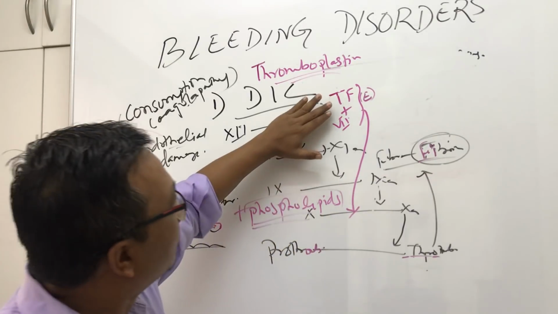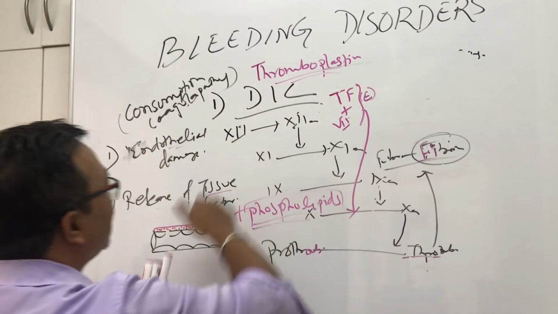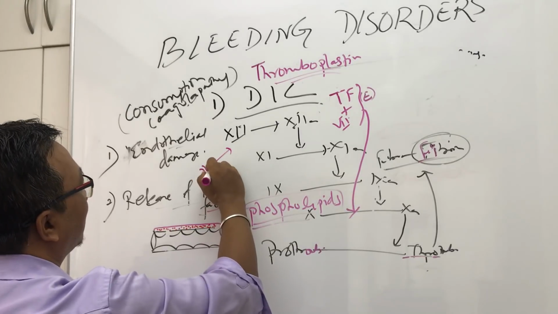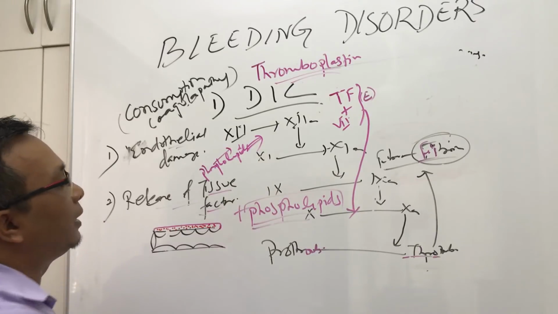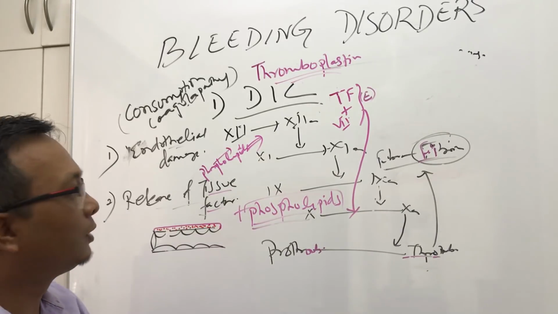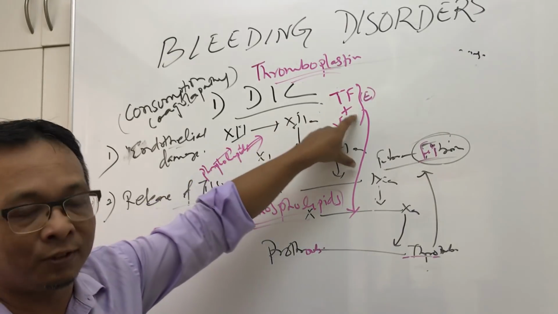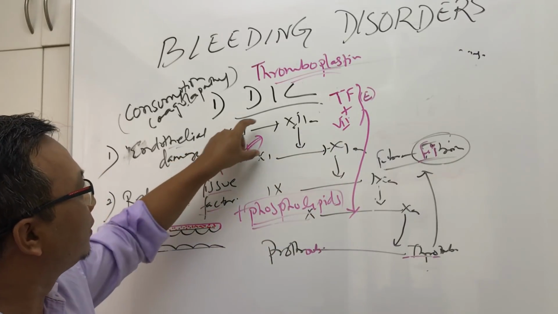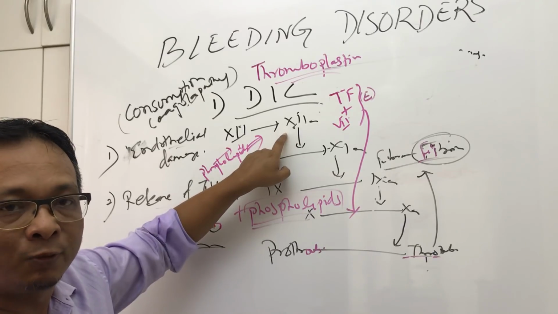Phospholipids can also stimulate the indirect pathway, can stimulate this intrinsic mechanism also. This is intrinsic, this is extrinsic. So phospholipids can stimulate this indirect pathway and activate factor 12.